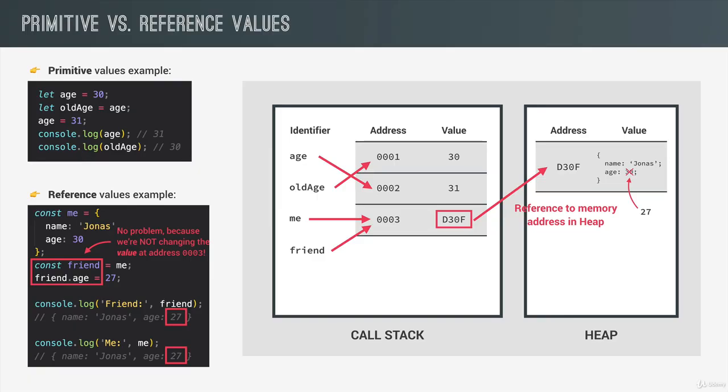And one important implication of this is that whenever you think that you're copying an object, you're really just creating a new variable that points to the exact same object. And this has huge implications for the way JavaScript works in practice, and we will see that in the next video and throughout the course.